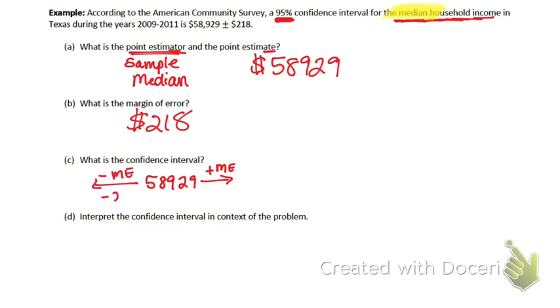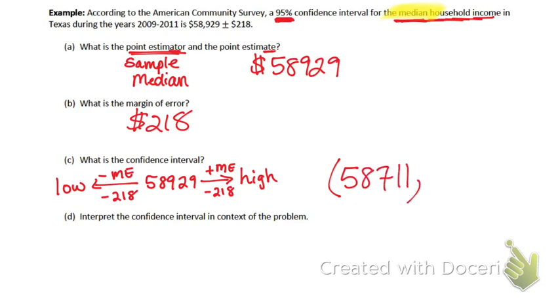So that means I need to add and subtract 218 from that middle point estimate in order to get my low value and my high value for my confidence interval. So, what is the low estimate for the true population median? 58,711. That is just 58,929 minus 218. And what is the high estimate for the true population median?